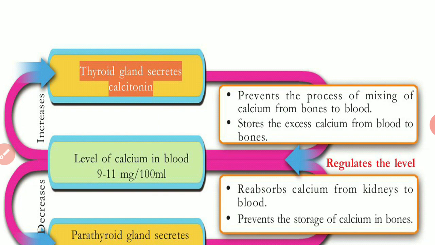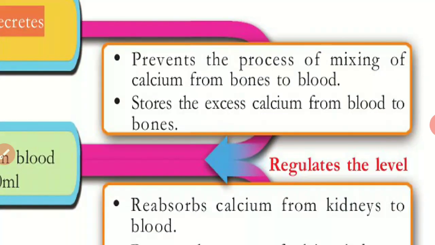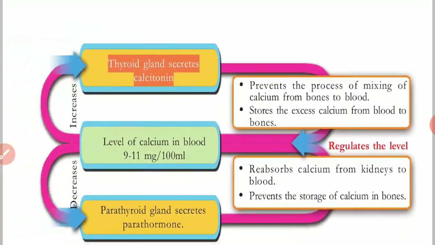So the calcium level will be controlled, that is one way. The second way is that it stores the excess calcium from blood to bones. The excess calcium in blood will be removed from blood to bone. This is how it helps in case of an increase of calcium in blood.